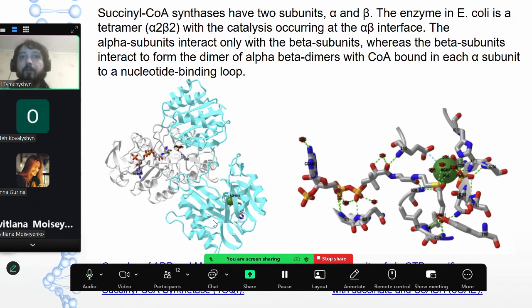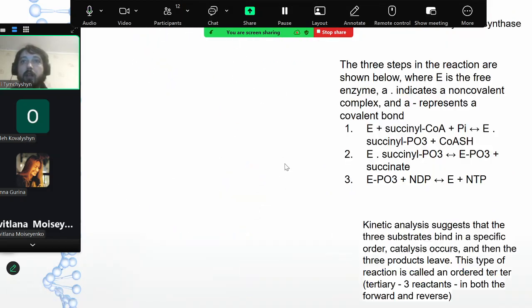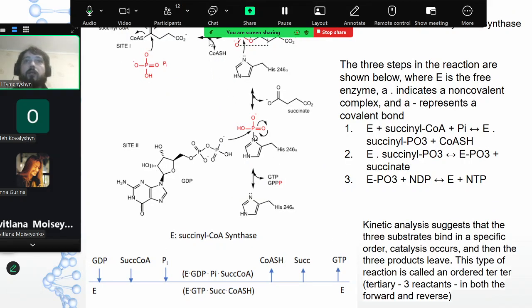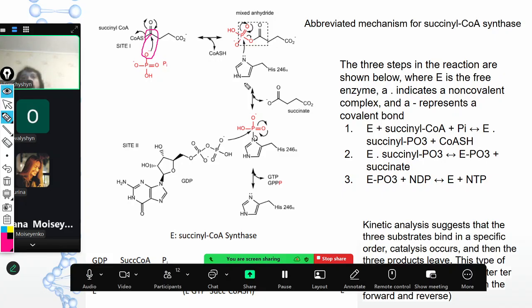Good. Here are once again some nice pictures for you, and even some links. You can use them to see 3D. Here is the tentative mechanism that we have. Once again, what is this sort of thing? Look at this arrow. What kind of reaction is this?